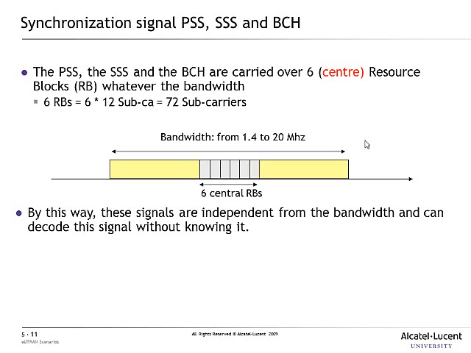So it can lock on to that pilot, and then it goes 3 resource blocks this way and 3 resource blocks this way, which gives it 6 resource blocks. It starts looking for information inside there, because this is where the primary synchronization, secondary synchronization, and BCH are transmitted. So it's essentially 72 subcarriers, but not in every time slot. We'll see in which time slots they are transmitted.